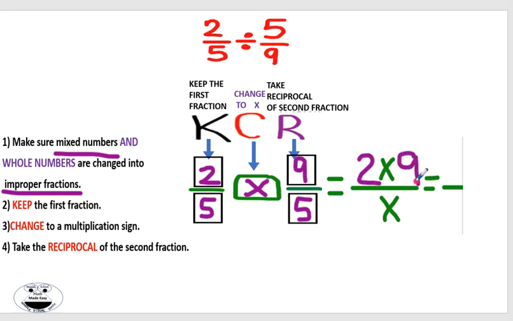They are the numerators, the numbers on top. And then we're going to multiply the two numbers on the bottom, the denominator. So I see a 5 and a 5. And now we're just going to multiply 9 times 2 and 5 times 5. And then of course sometimes you can reduce.